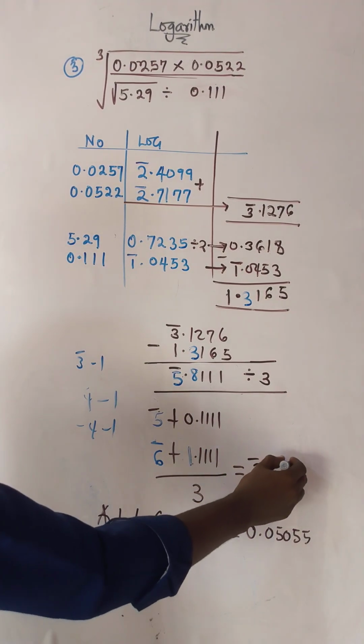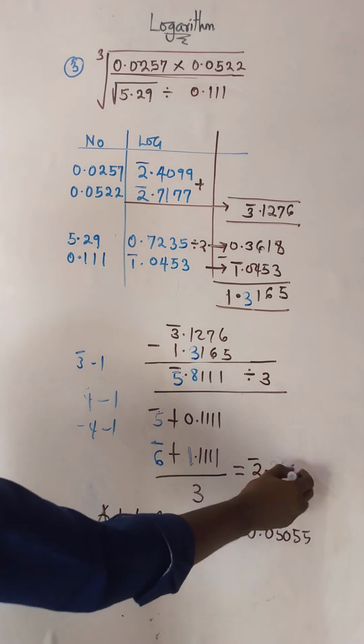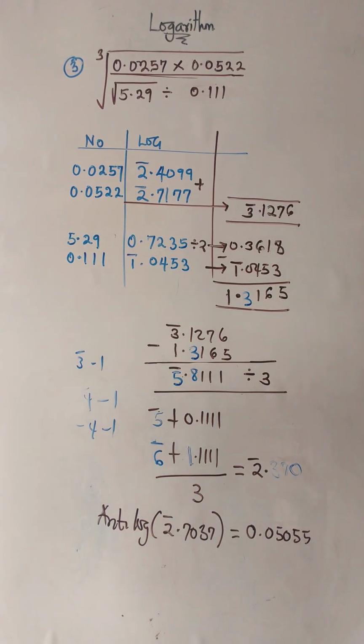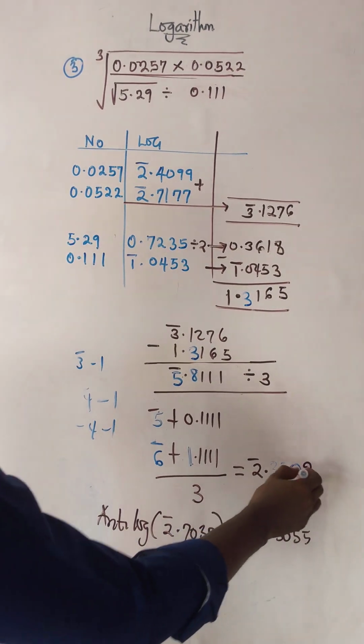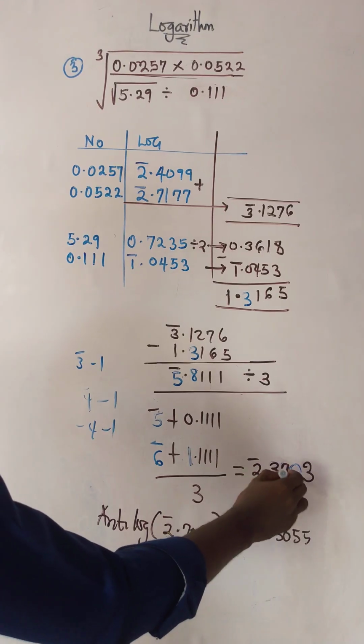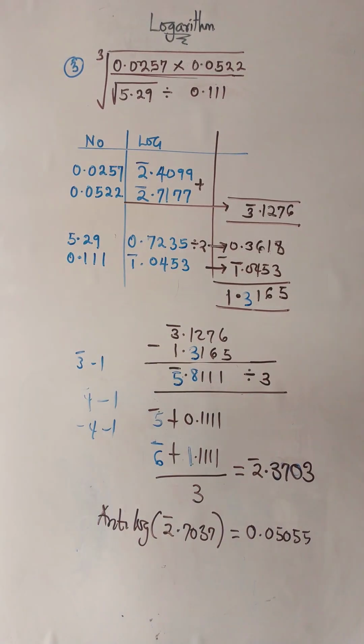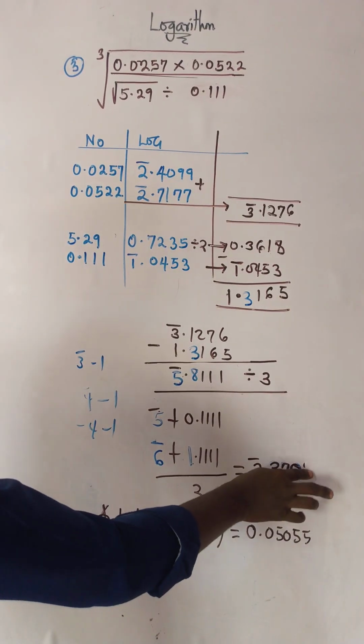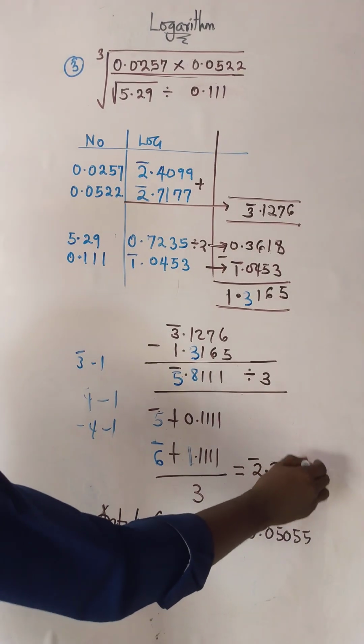In 21, 7, remainder 0. Then remainder 1. Then in 11 again, that will be 3. We continue, the next number will be 6. So to 4 decimal places, this will be 4.